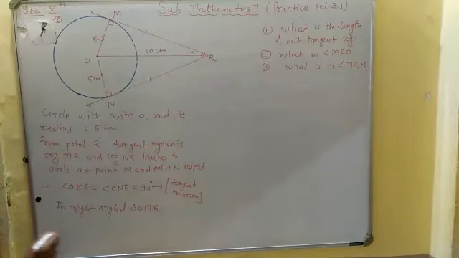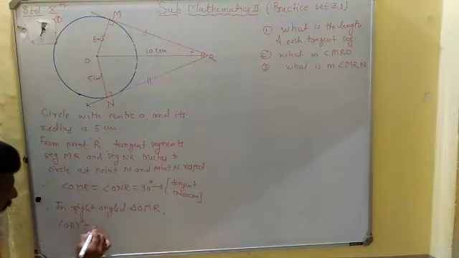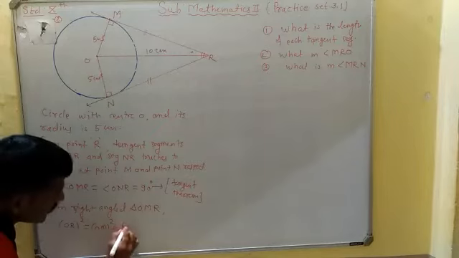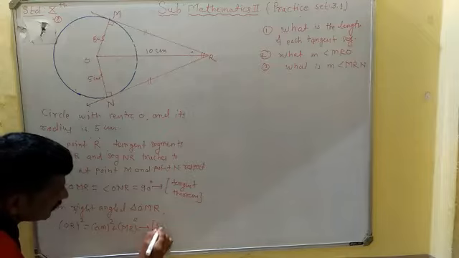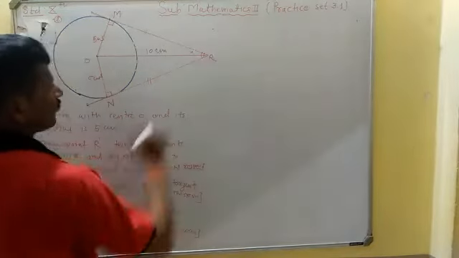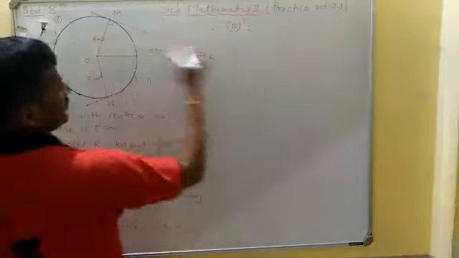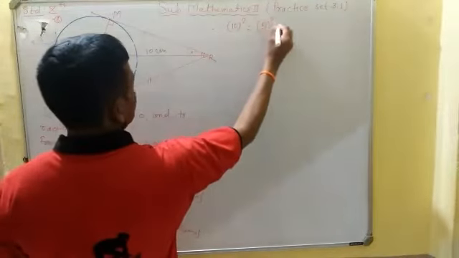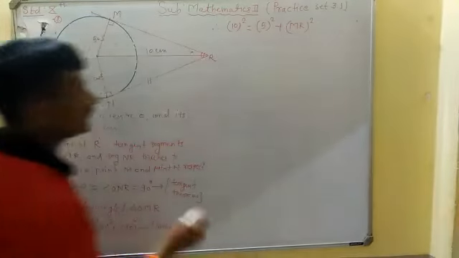We write here OR square is equal to OM square plus MR square. Give us the reason Pythagoras theorem. Therefore, the value of OR is given here, hypotenuse square, that's 10 square. OM is the radius of the circle, 5 square, plus MR square is to find, kept as it is.